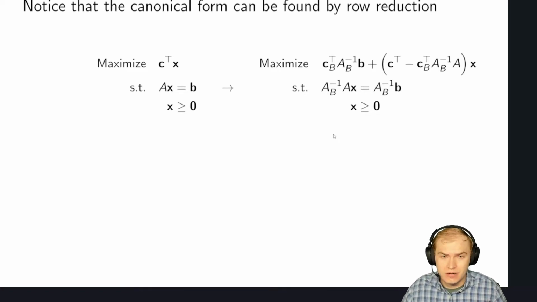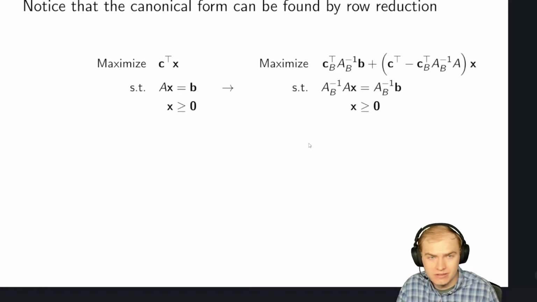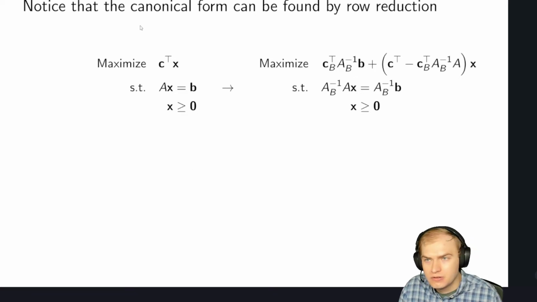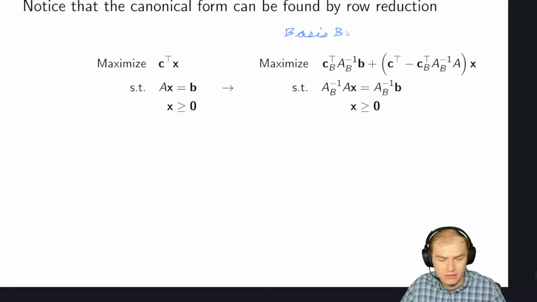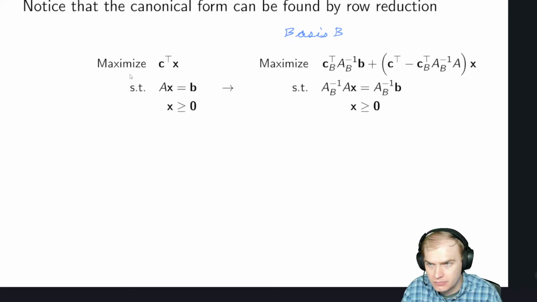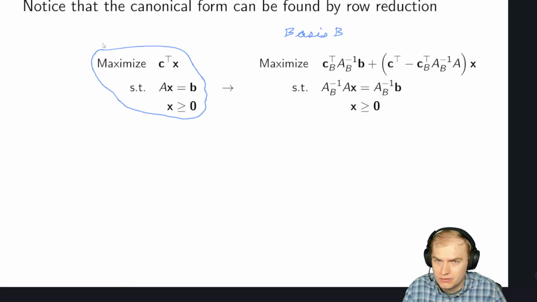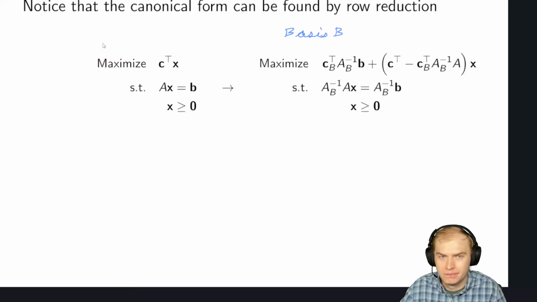Remember, 2 days ago, we talked about the canonical form of an LP at a given basis. So suppose we have the basis B, and we have some LP in standard equality form.